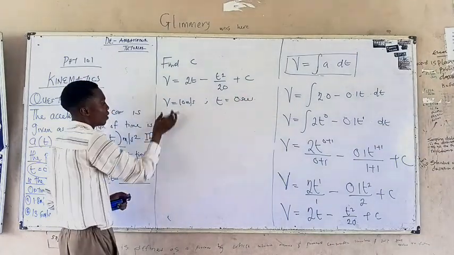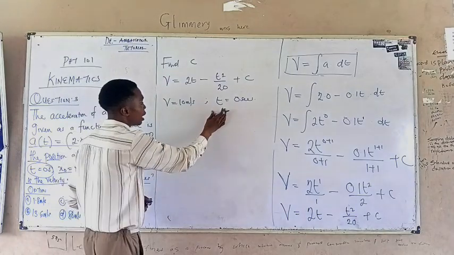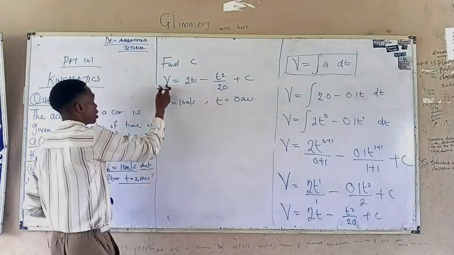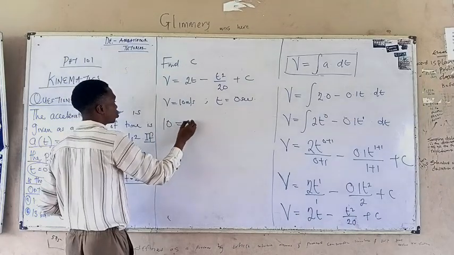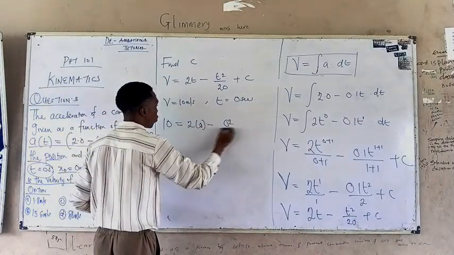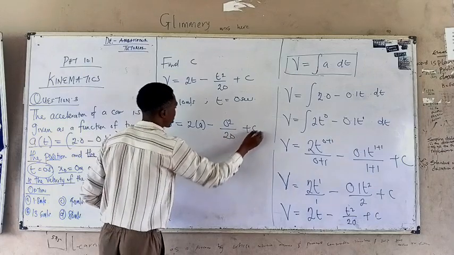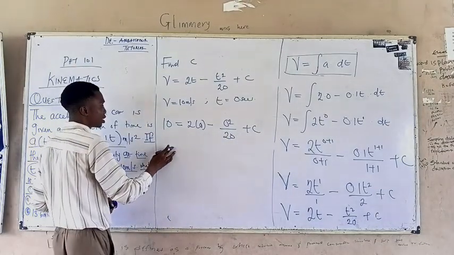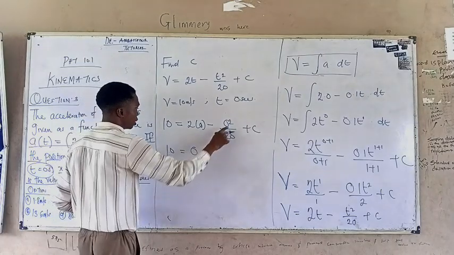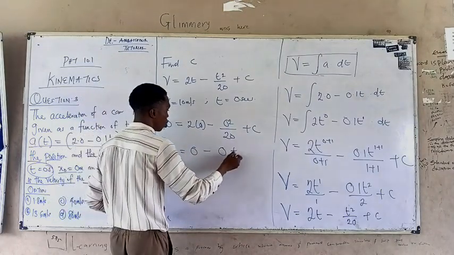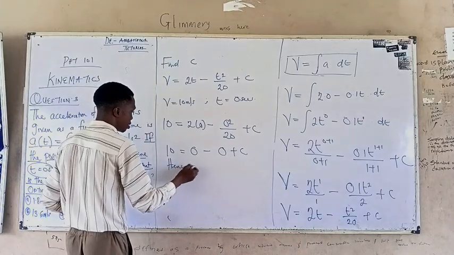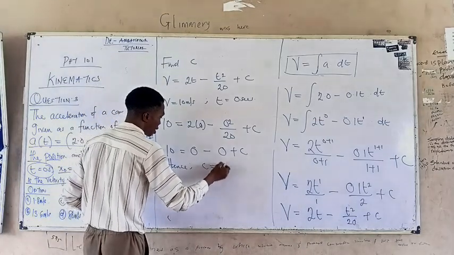So any place I have my v, I'll put 10 meter per second, and any place I have my t, I'll put 0 seconds. So what do we have? Here we have 10 equals 2 in the bracket of 0, minus 0 squared over 20, plus c. Everything turns to 0: 2 times 0 is 0, then 0 divided by 20 is still 0, plus c. Hence, my c is equal to 10.